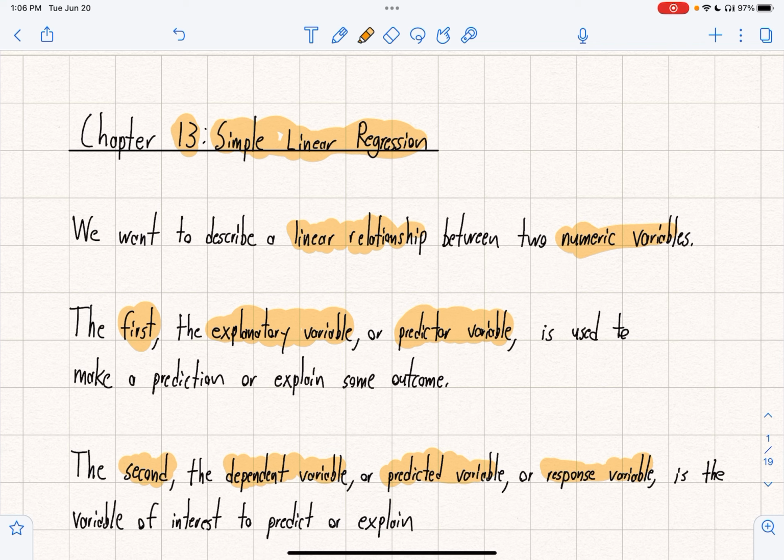So what we want to do, let's call this dependent variable y, and this explanatory variable x. So the goal is, can we explain or predict values of y from x, right? Can we predict values of y from x? That is essentially what we are trying to do with linear regression.